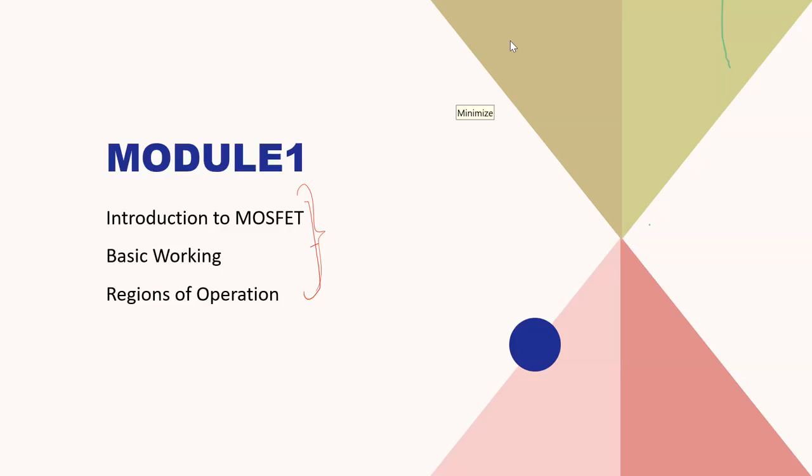So you have studied different regions of operation, and also different types of MOSFETs, the enhancement MOS or the depletion MOS. You would also have drawn various characteristic graphs for MOSFETs. So at least you are familiar with the basic terms around CMOS.